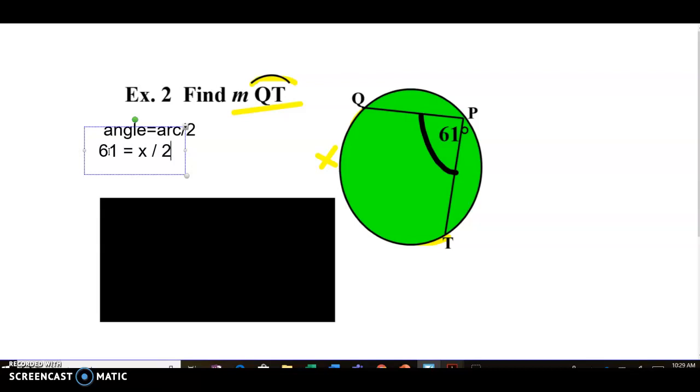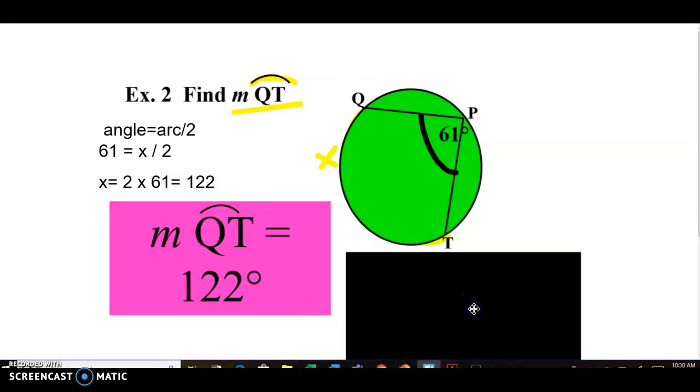So now, instead of dividing, I'm going to multiply. X is equal to 2 times 61, which is equal to 122 degrees. So that is the measure of that arc from here to here, because we have the angle, so we just multiply by 2.